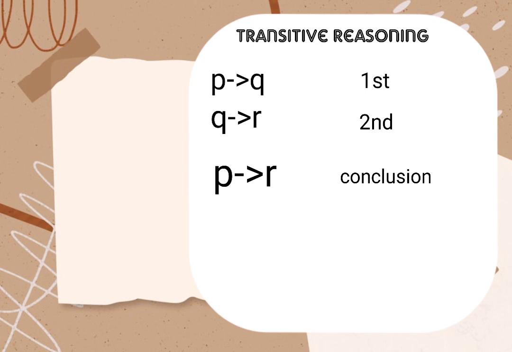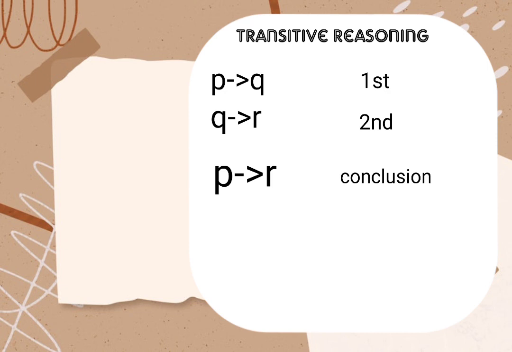So, yung P natin is hypothesis, then yung R natin is conclusion. So, sa transitive reasoning, ang magiging conclusion nyo is based sa first and last symbol.